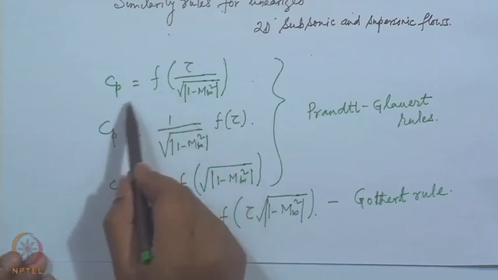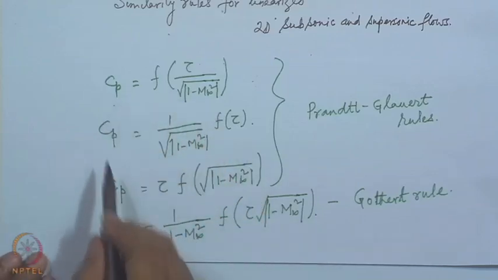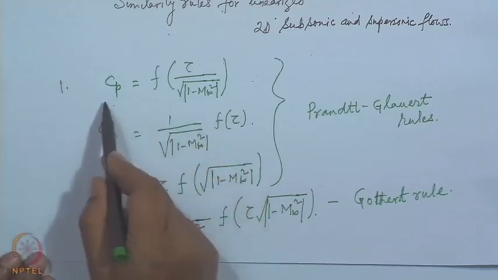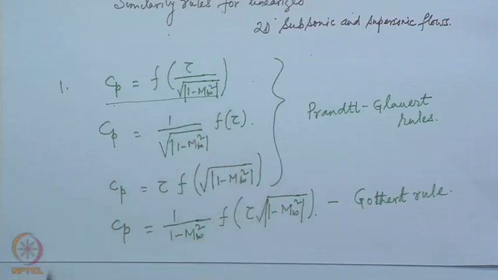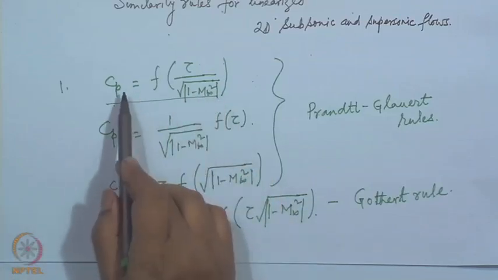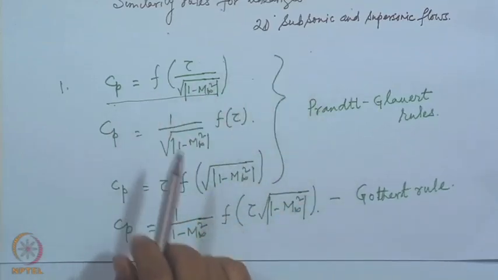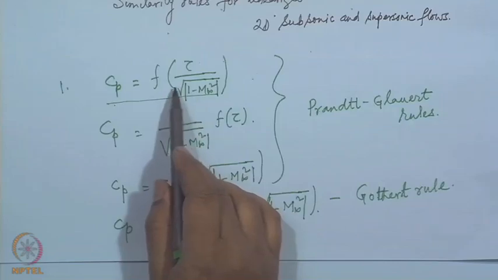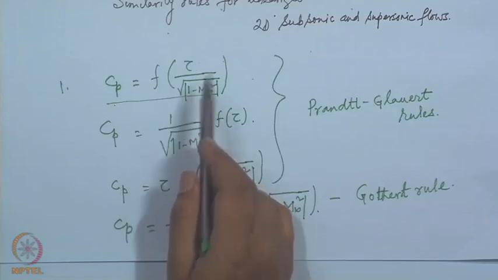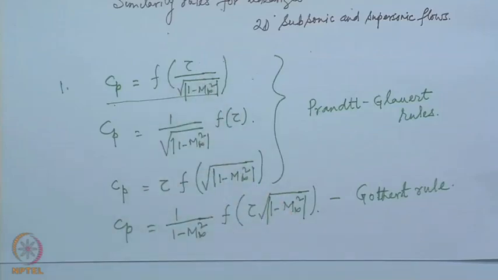Let us consider this first rule. This simply says that the pressure coefficient on an airfoil or a 2 dimensional geometry in subsonic and supersonic flow is a function of tau by root over 1 minus M infinity square absolute.